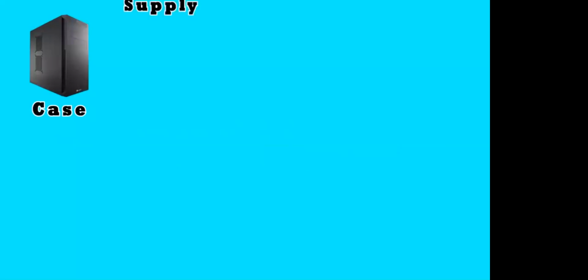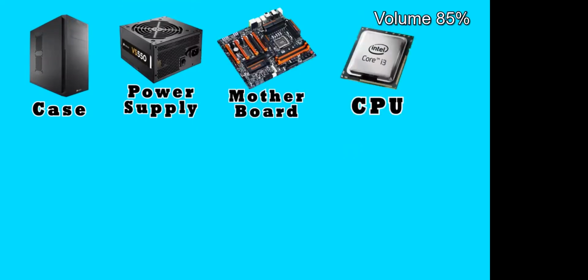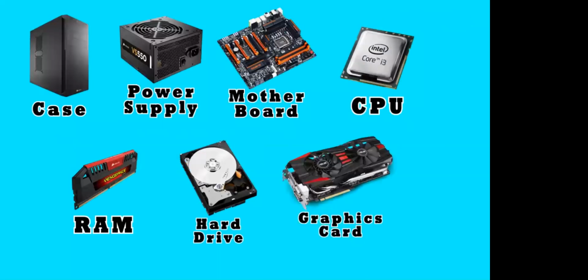Okay, there are 7 essential parts in a computer, okay? So what are the essential parts? Case, power supply, motherboard, CPU, RAM, hard drive, graphics card.